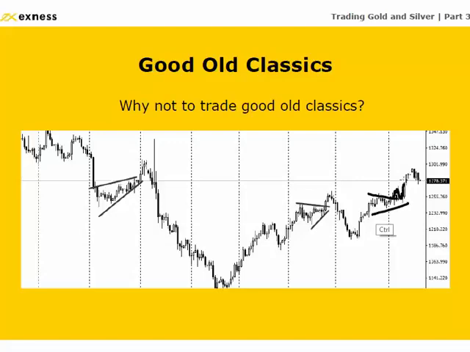Sometimes breakouts would be false. Then if you see an opportunity, you may trade island structures. If you see that the breakout is too fast and too rapid, you may trade island structures like it is shown here. In other cases, you might use conventional technical analysis.